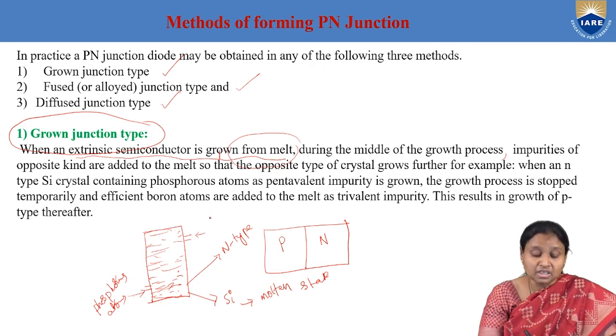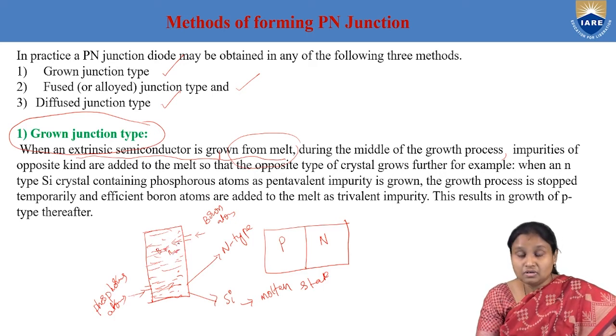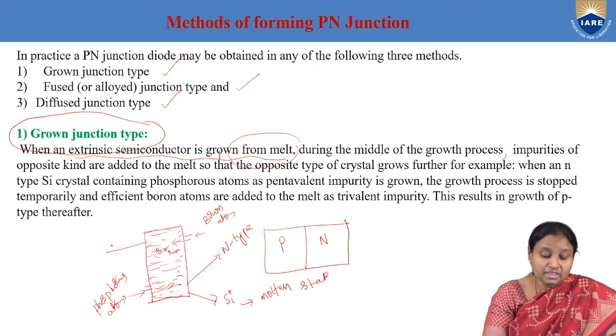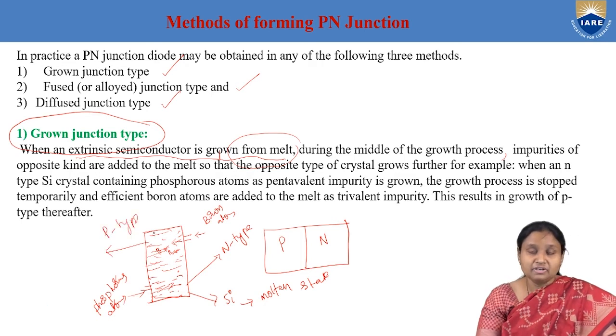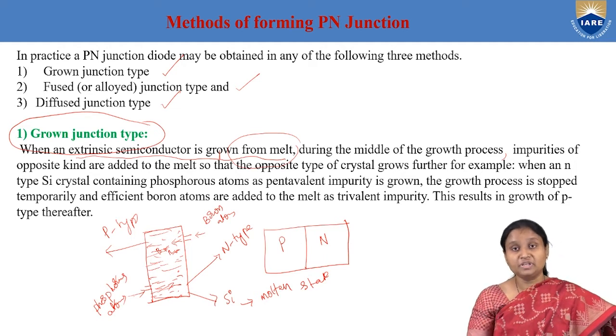Which belong to group III. Suppose I have taken boron atoms, and these boron atoms are injected into the top surface of this crucible. Once these boron atoms get mixed with silicon in molten state, your top layer is going to become P-type. And once you solidify this molten extrinsic semiconductor, you have formation of a PN junction.